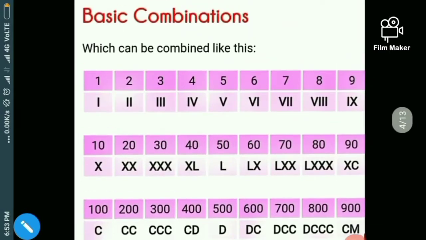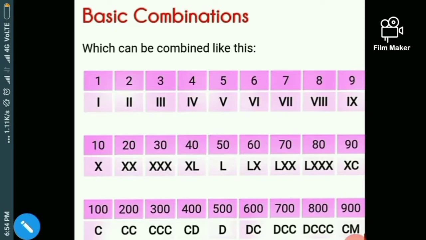Next we'll see the combinations of Roman numerals. How the symbols are combined to each other to form a new Roman numeral. Here you can see 2 is I and I combined, 3 is three times I combined, 4 is IV combined, 6 is VI combined.